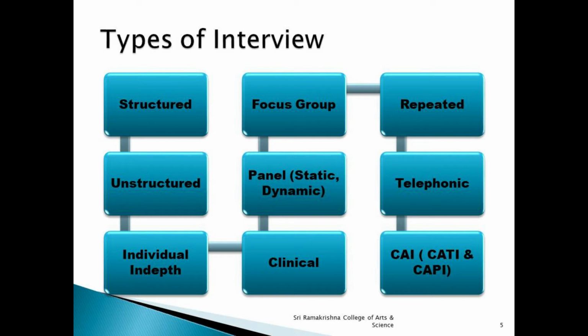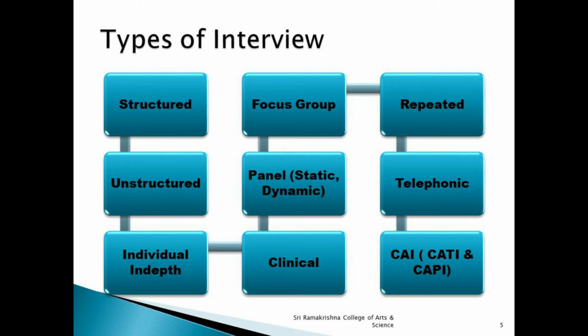Structured interview, in which the researcher prepares the questionnaire and decides the sequence before the interview. The researcher prepared everything before the interview. It is a structured one. Unstructured is just the opposite of structured. It is not predefined. The researcher asks questions according to the situation and environment.